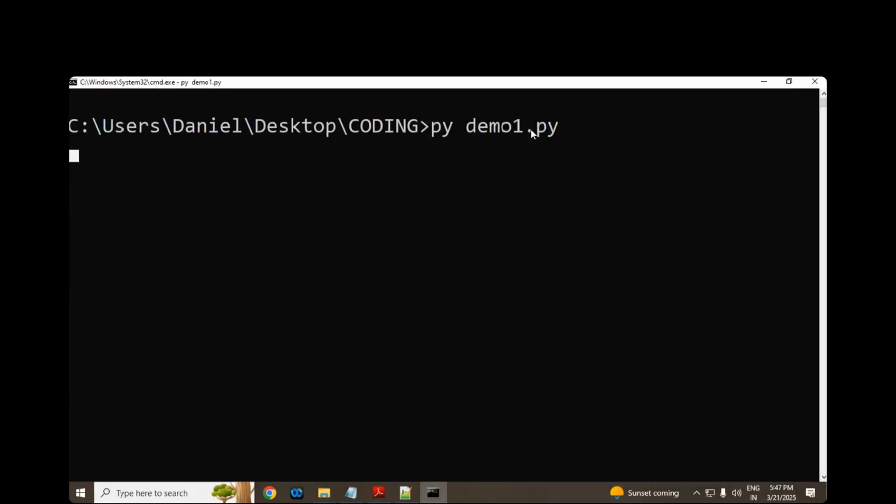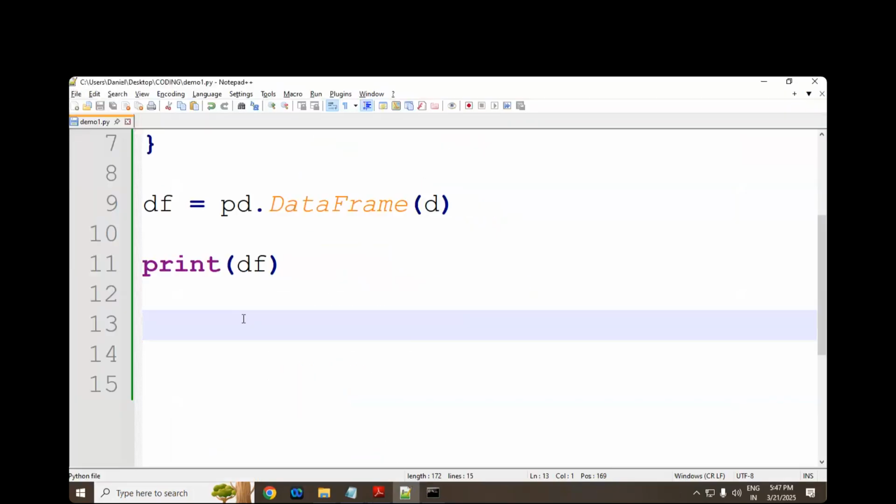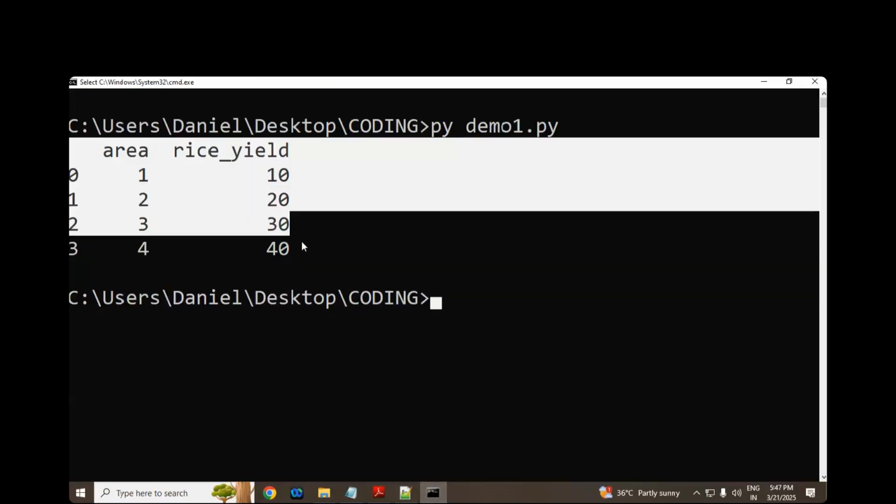Both steps I am going to do. The data frame we are going to create, preparing input and output in our example. The data frame is ready.